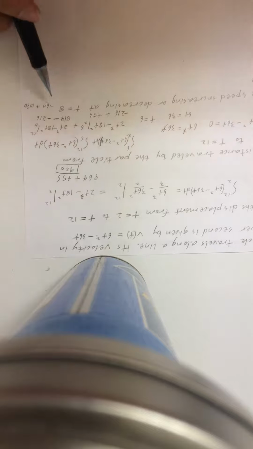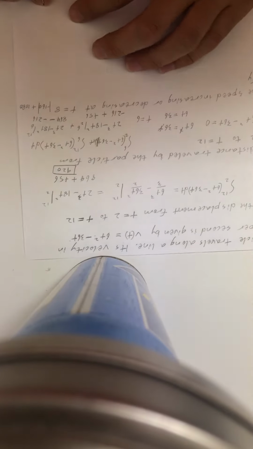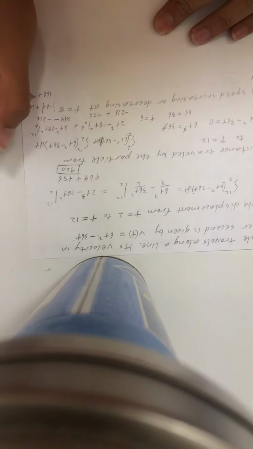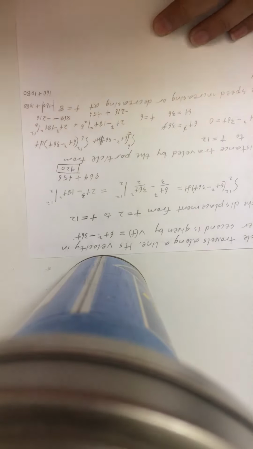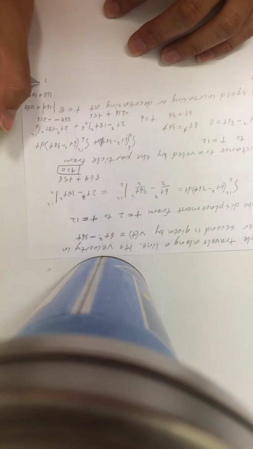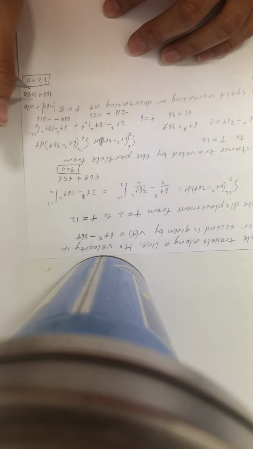And from that, we know that distance cannot be negative, so we would have to take the absolute value of whatever is negative here. And getting that would be 160 plus 1080. And that would give me 1,240 meters.